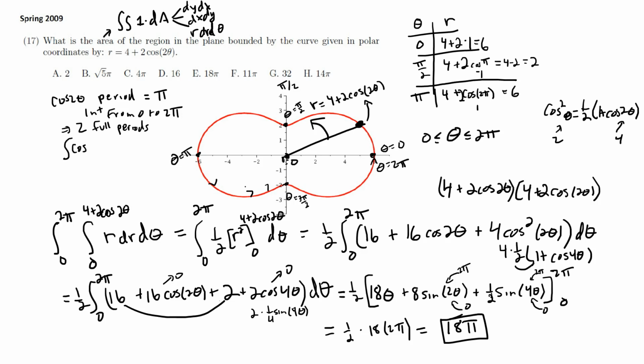So the integral of cosine 2 theta from 0 to 2 pi is 0. Same thing for 4 theta. So you can just zero them out and not have to actually integrate. Go ahead and integrate if you want, but the same thing works for the 4 theta. So we get an answer of 18 pi for this question. Looks like letter E. Comment below if you have any questions.